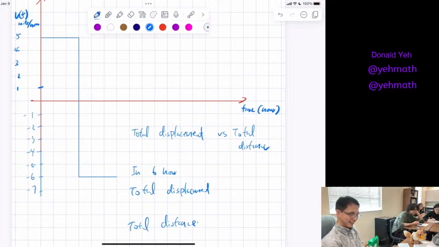Okay, okay. All right. That's interesting. Okay, total displacement in 6 hours. So, Jack, what do you think? Negative 3. Anybody have a different answer? Chase, what do you think? No, 0.